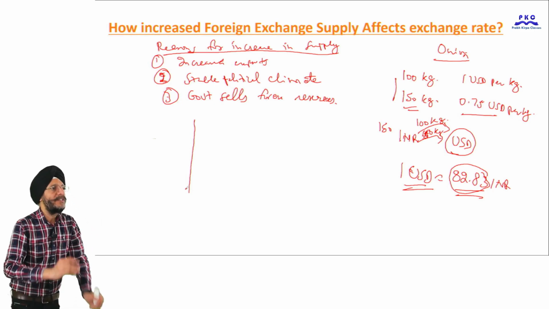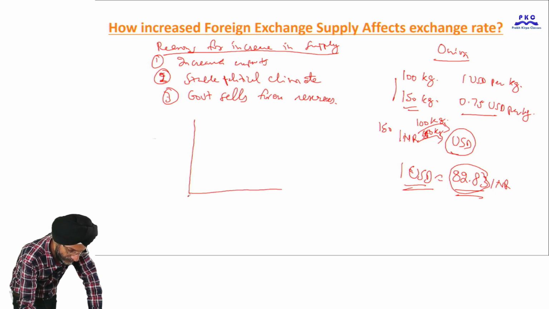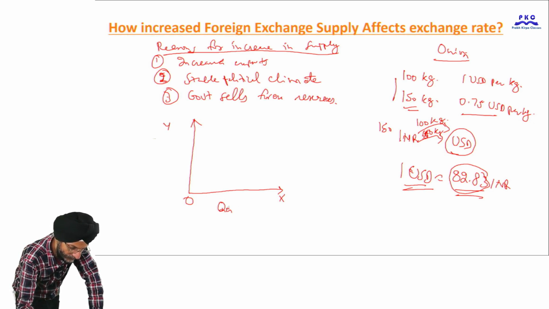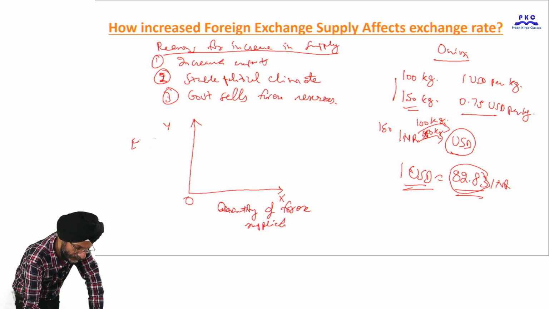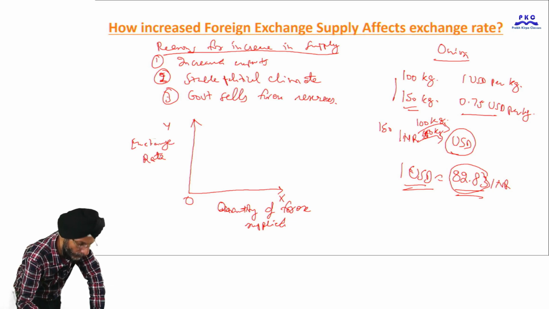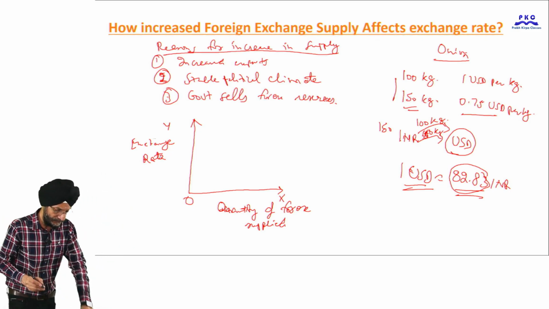So we are now understanding this concept with the help of a diagram. OX is the X axis, OY is the Y axis. On OX we will write the quantity of foreign exchange supplied. On the Y axis, we will write the exchange rate, that is, the value of foreign currency in relation to Indian currency.